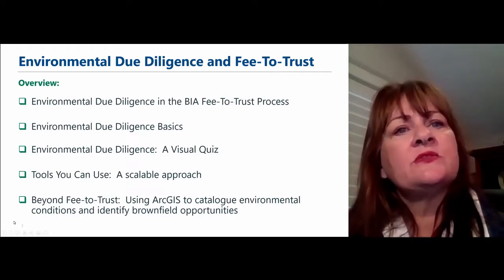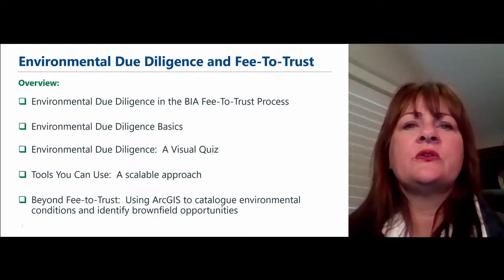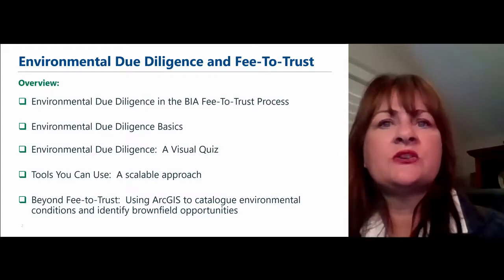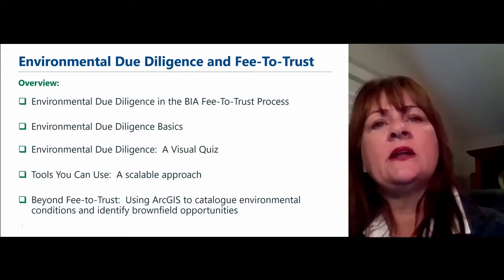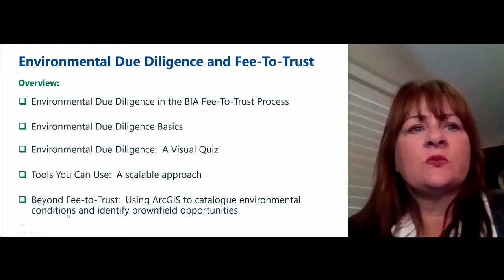Then I'll go into some real world tools that you can use and scale your approach in evaluating properties before you take them into a trust application situation that you can scale depending on your budget and whether or not you have the staff that can do some of this work.